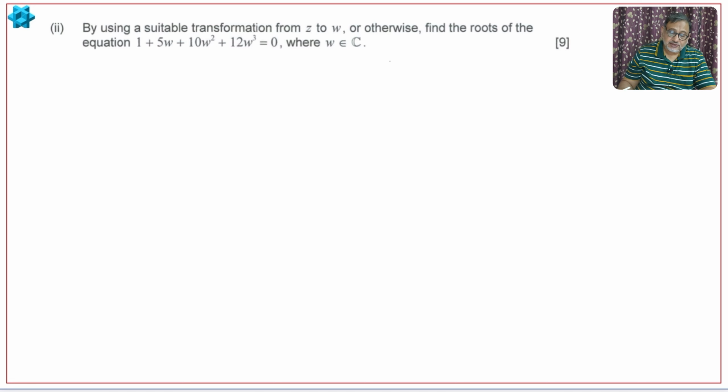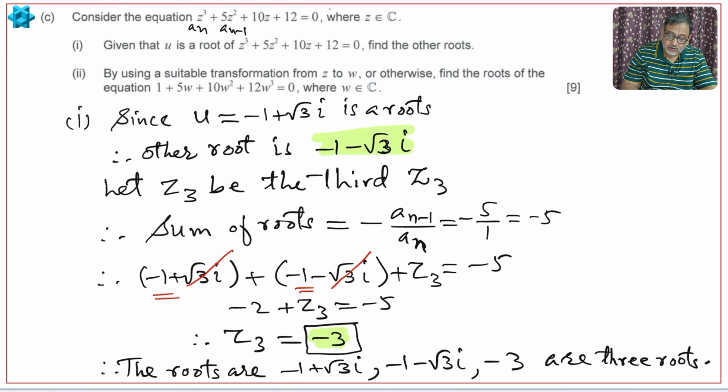Now the second part says, by suitable transformation from z to w, or otherwise, find the roots of the equation 1 plus 5w plus 10w square plus 12w cube. Now look here, let me write that equation which we had.